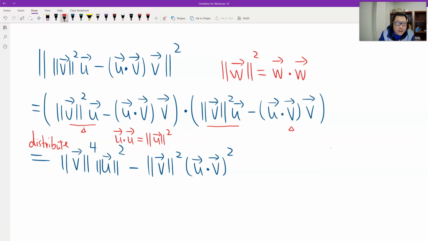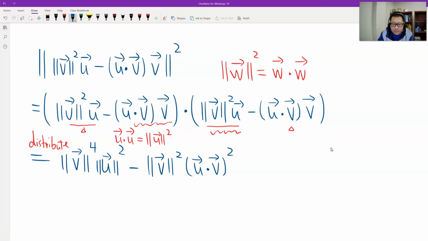And then we look at the middle term, the inner term. This term with this term. What do we get? We get a negative again.